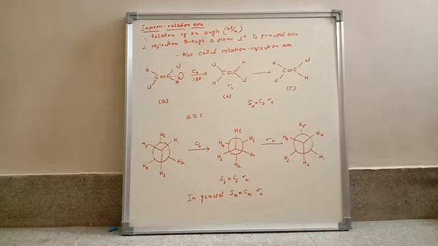And with reference to the principal axis, you should take a plane that is perpendicular to the C6 axis. When you take a plane and reflect along the plane, what happens? The front hydrogen will go to the rear position and the rear hydrogen will come to the front position.